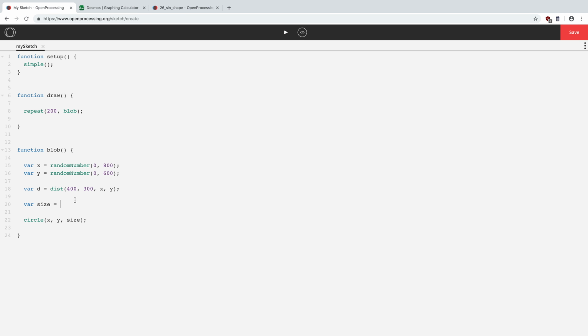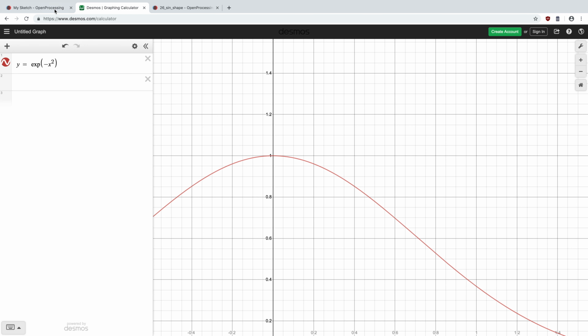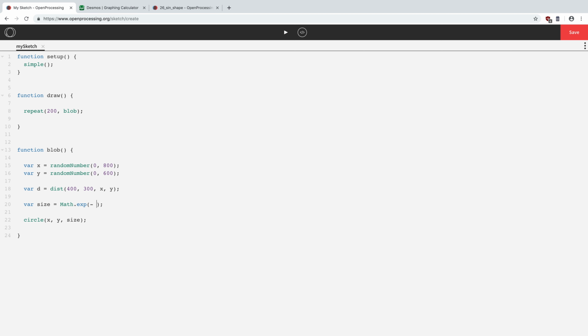So let's say math dot exp, that's the exponential function, and inside we put not x but x squared, and not even that, we put minus x squared. So we said minus something squared, and it was the distance. Now we might need to do some scaling here. Let's see what this does anyway. It's good to learn from deliberate mistakes.